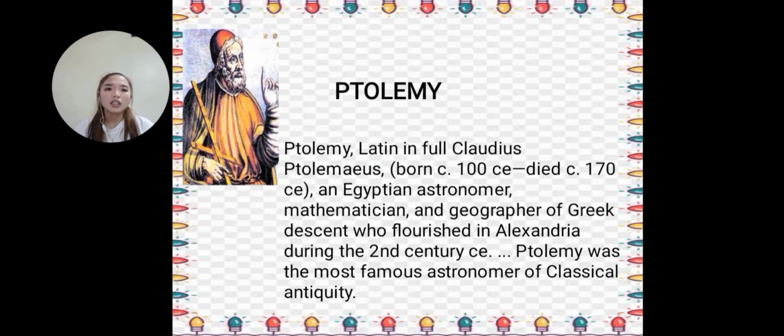Ptolemy, in Latin Claudius Ptolemaeus, born in 100 CE and died in 170 CE, was an Egyptian astronomer, mathematician, and geographer of Greek descent who flourished in Alexandria during the 2nd century. Ptolemy was the most famous astronomer of classical antiquity.